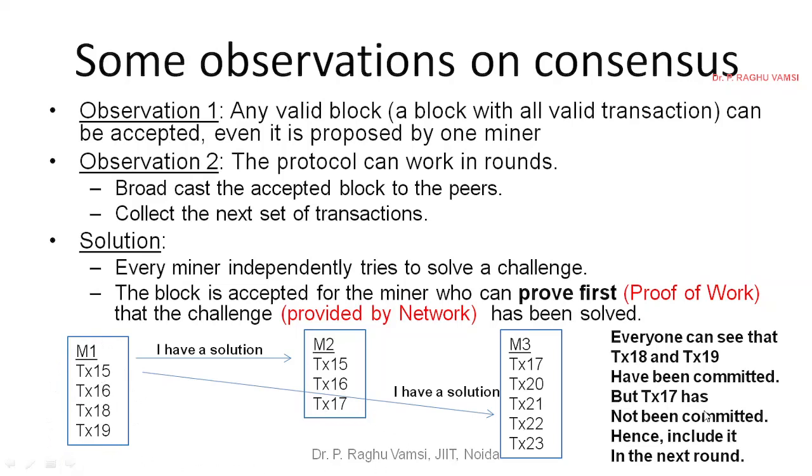So now TX 17 will be included in the next round. Now 15 and 16 will be eliminated. Next time, the miners create a block by eliminating 15, 16, 18, 19 out of 17, 20, 21, 22, 23, and the transactions generated up to that time, along with the leftover transactions not included in already created blocks.